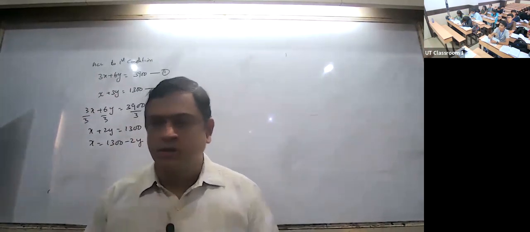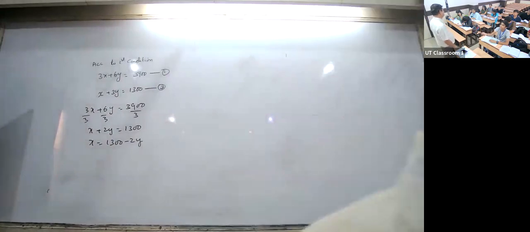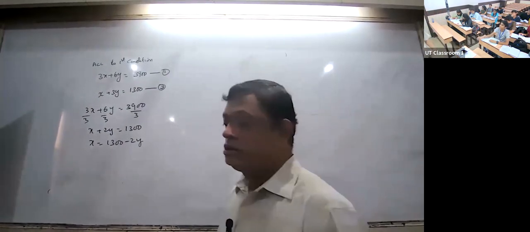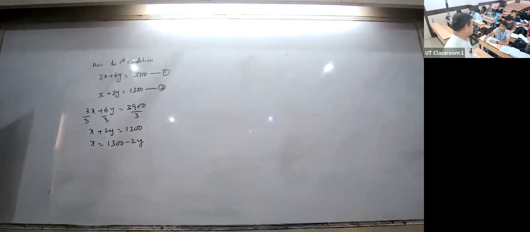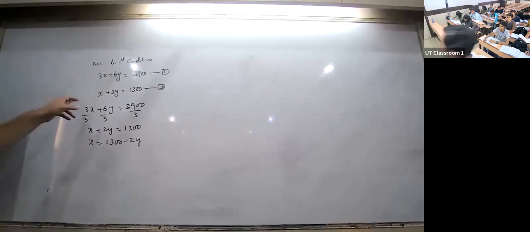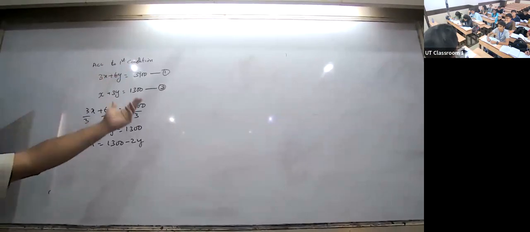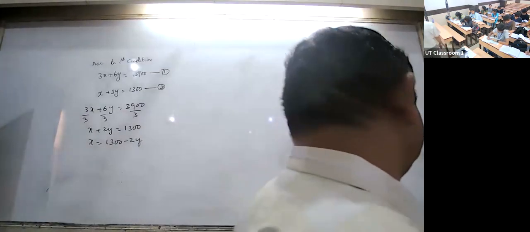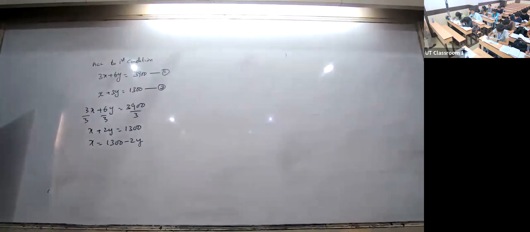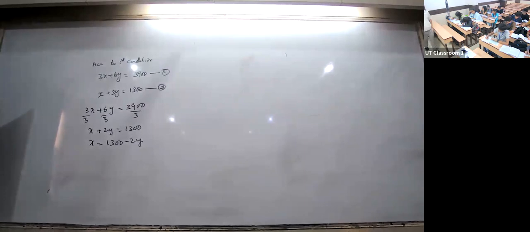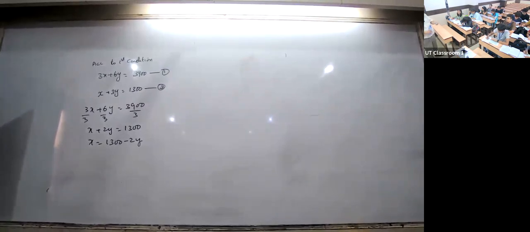What is the contradiction? x plus 3y is 1,300, and we're saying x plus 2y is also 1,300. So you have to get 2 lines. This one is one line, this one is another line. There is a printing problem, but 2 equations, 2 lines you will get.